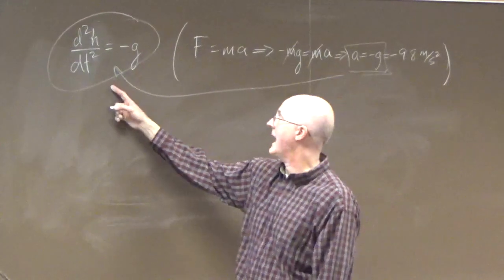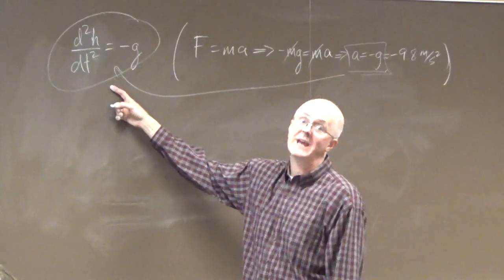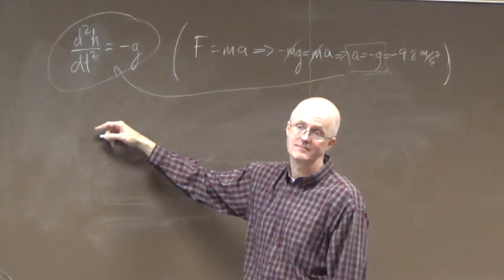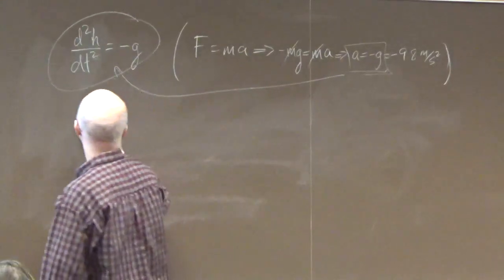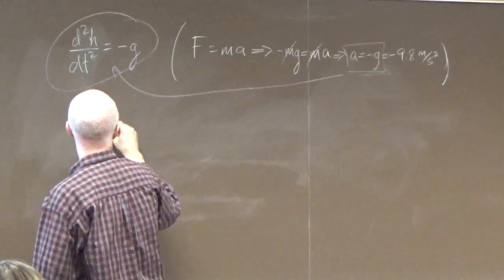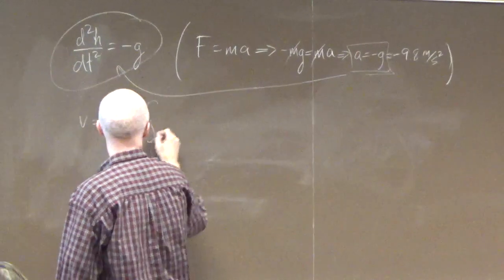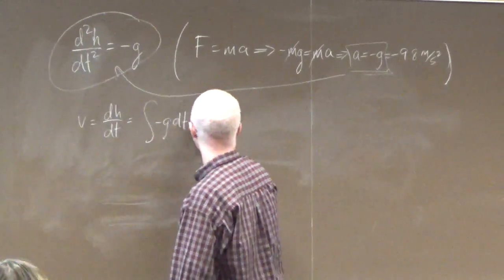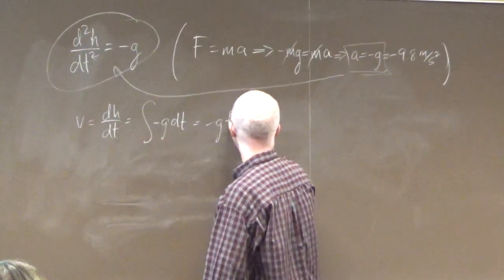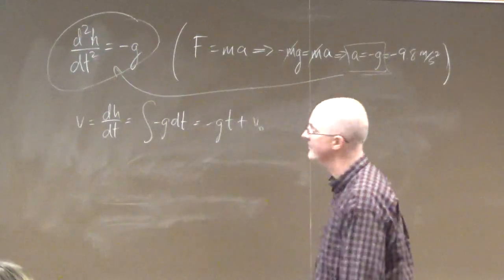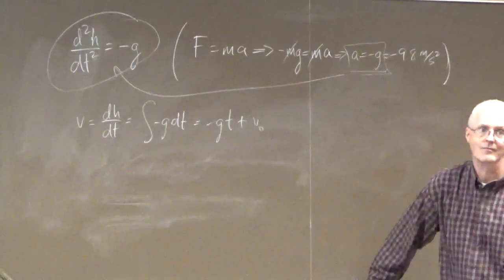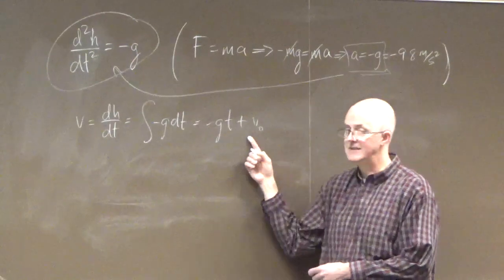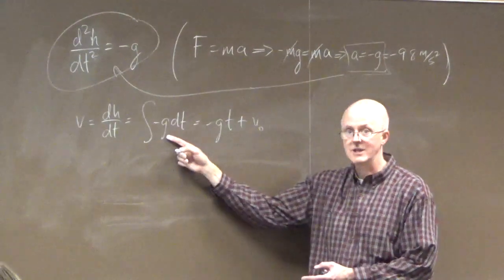So that's a second order differential equation. How did we solve this back 3 or 4 weeks ago? We integrated. We talked about antiderivatives. v, which is the first derivative of h with respect to t, is the integral of negative g. And we found that was negative gt plus the initial velocity. Certainly any function like this has a derivative equal to negative g. t is the variable.